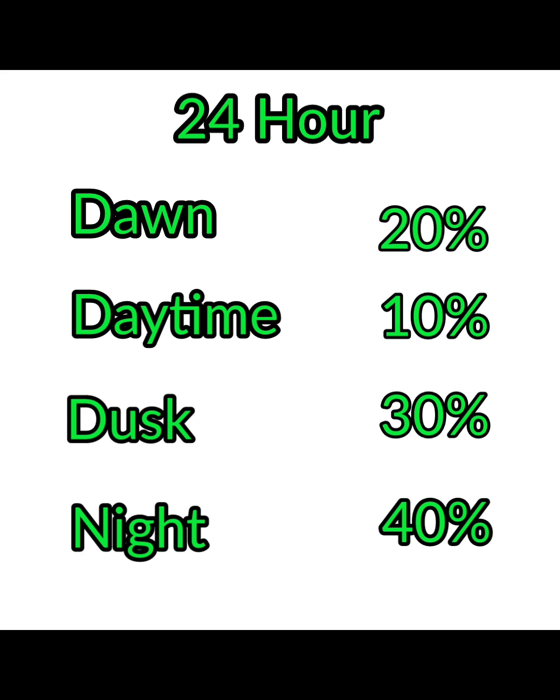And then 40% of them occurred at nighttime. So, out of 1,000 reports, probably 1,000 plus, 40% of all incidences and sightings occurred at night, 30% at dusk, 10% daytime, and 20% at dawn.